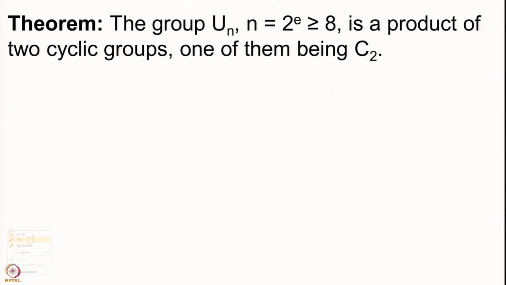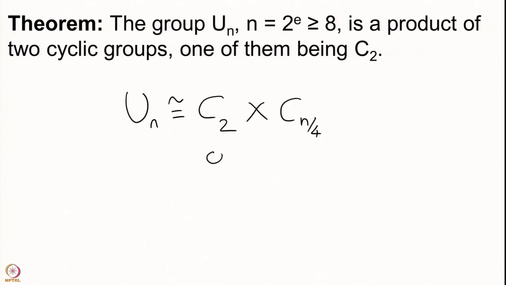So, U_n is isomorphic to C2 cross C_{n/4}. Remember that since n is a power of 2, phi(n) is n/2, which is the same thing as 2 into n/4. Your n is bigger than or equal to 8, so n/4 is an integer, that is not a problem.